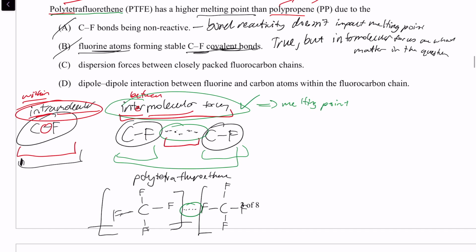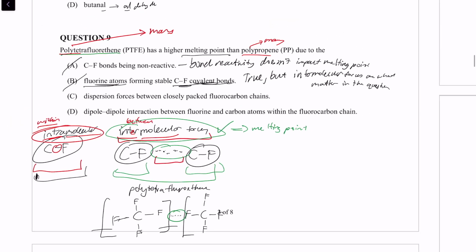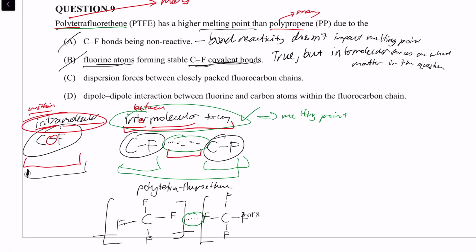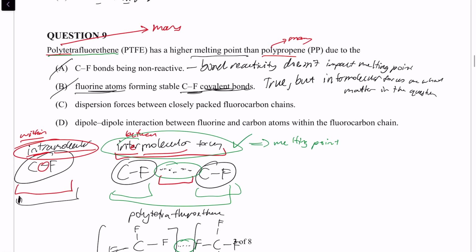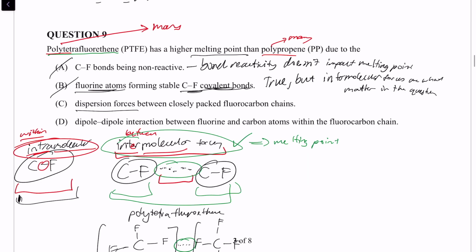So again, as I'm stressing, melting point, boiling point, those sort of things are impacted by intermolecular forces. So it's either going to be C or D because dispersion forces and dipole-dipole interactions are intermolecular forces.